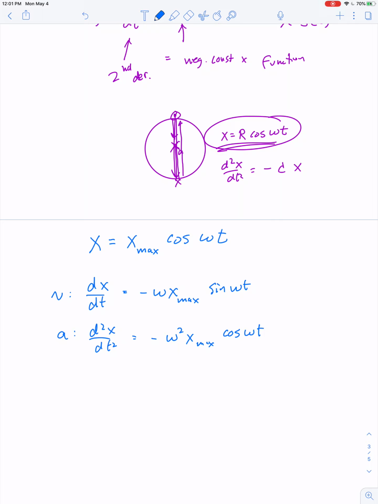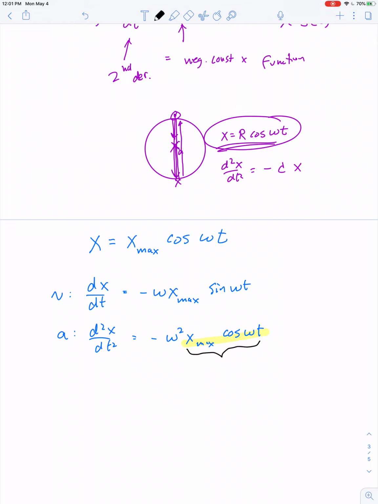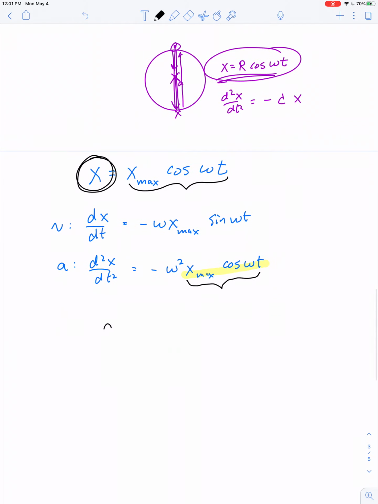However, what is this? X maximum cosine omega t is just x itself, so we've done it. The second derivative with respect to time is equal to a negative constant times x itself.